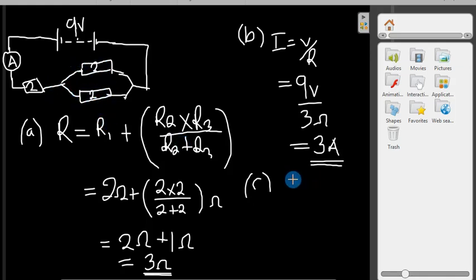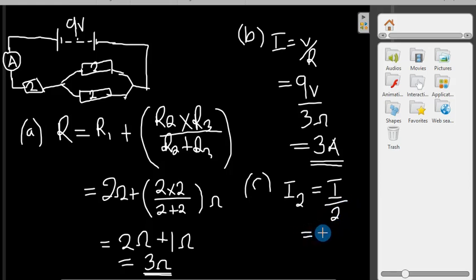We will simply say it is that 3 amps given, or in short, for us to appear to know what we are doing, instead of just dividing numbers, we can say, let's say we decide to find the current that will pass through resistor 2, which is this one. So I2 will be equal to I, the total current, over 2, because they are equal, so you divide by 2.